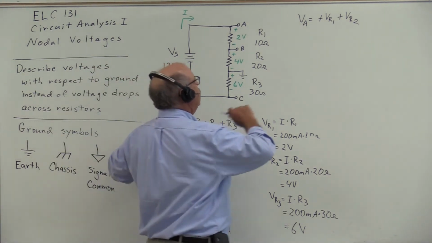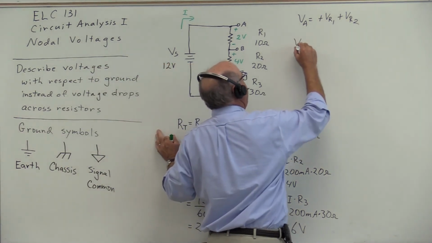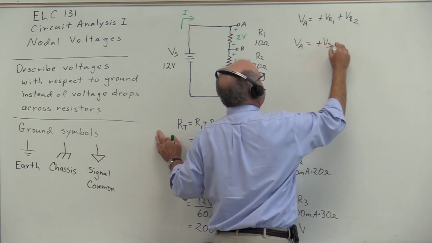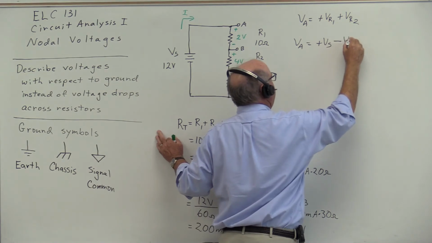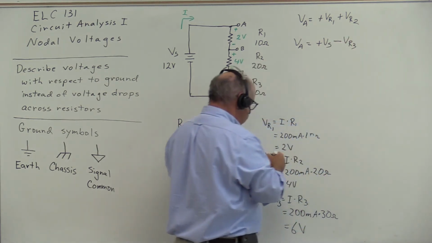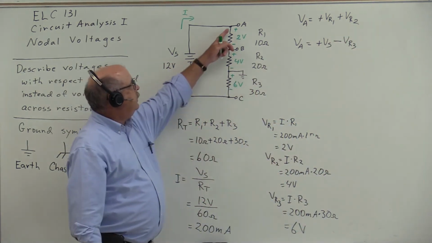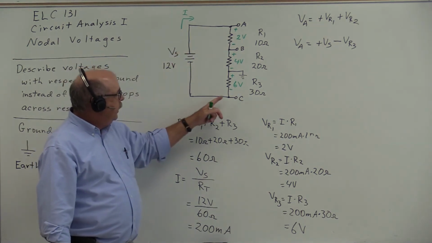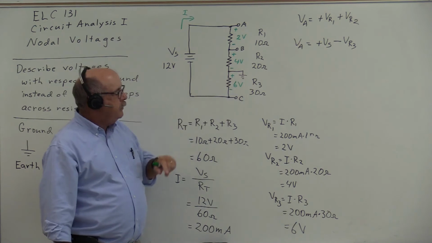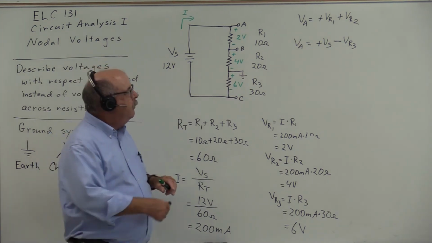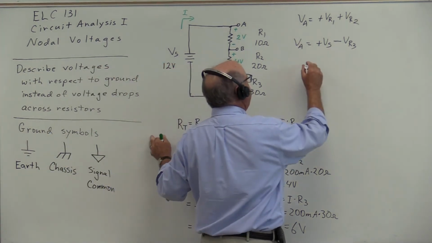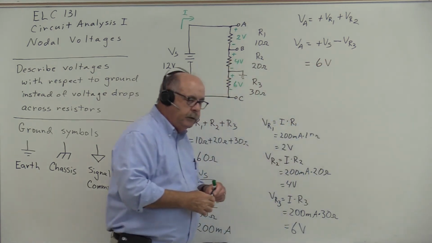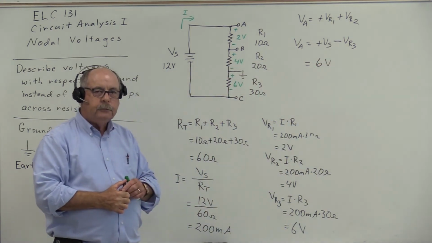I can go the other direction and say that VA equals plus VS minus VR3, because if I travel in this direction, I have a positive to negative across VS and a negative to positive across R3. Regardless of the path I take, the voltage from A to ground is 6 volts.